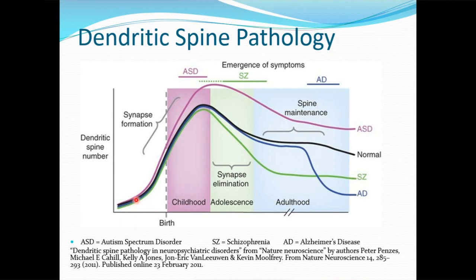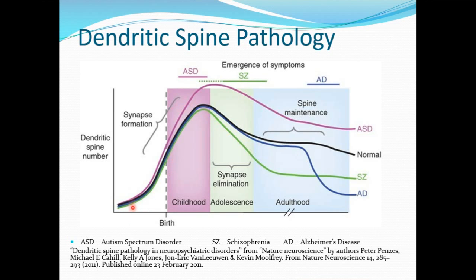Before birth, it follows a pretty normal curve, although it's a little bit higher. And then look what happens during early childhood. It's much higher, and then it slowly starts petering off. You have many more dendritic spines than the normal person. Here's normal. This black line is normal, okay, which is very interesting.